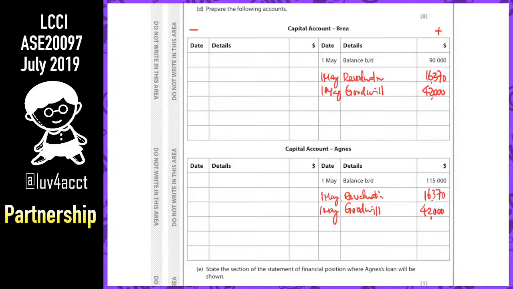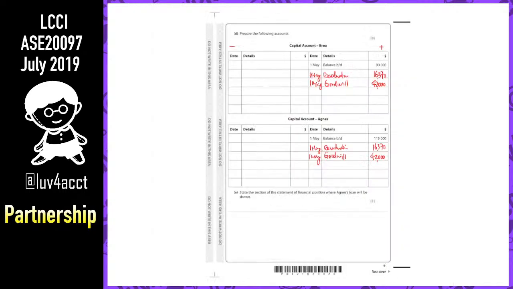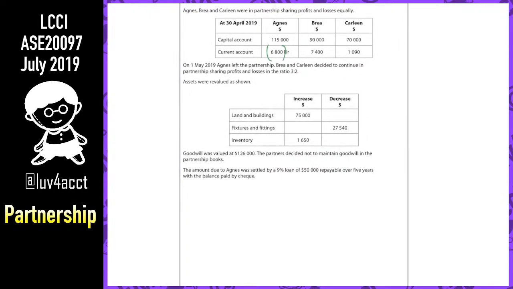Bria and Carlene will each bear the goodwill written off. No, they are not sharing equally. It's 3-2, right? Let me check. Yes, the remaining will be 3-2, Bria and Carlene.